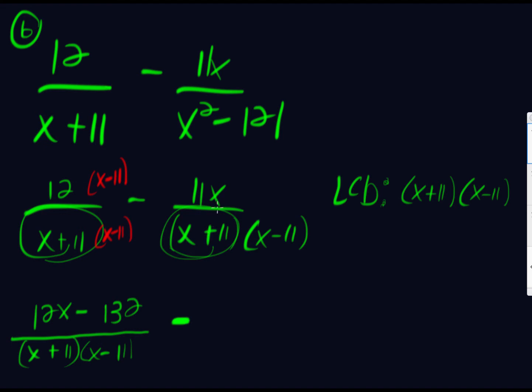So what we're doing is making sure that both of these expressions have that denominator of x plus 11, x minus 11. And 11x over originally x squared minus 121 is already x plus 11 and x minus 11, so I don't have to multiply this one by anything.